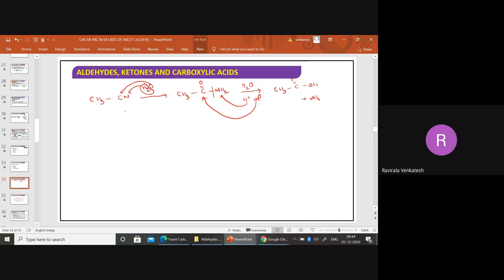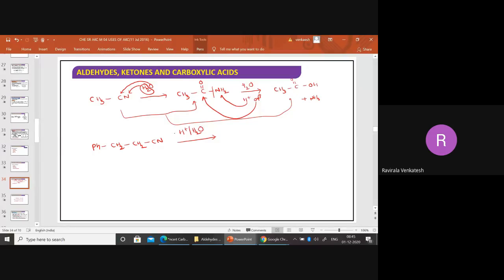Okay. So up to here it is called partial hydrolysis, and this one is called complete hydrolysis. Right? For example, I have taken Ph-CH2-CH2-CN. I am doing complete hydrolysis, adding H plus in the presence of water.